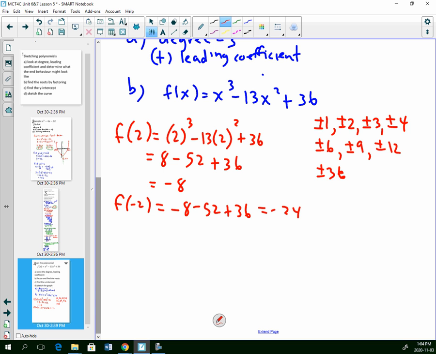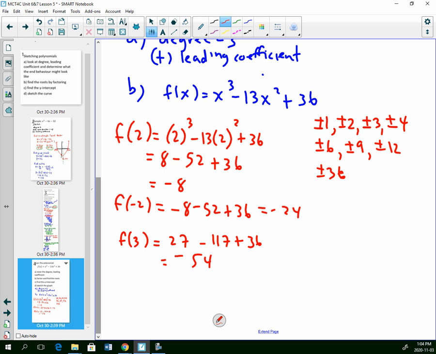That gives me a 24. So let's try 3. So 3 to the power 3 is 27. That's not going to work. That gives me 54.